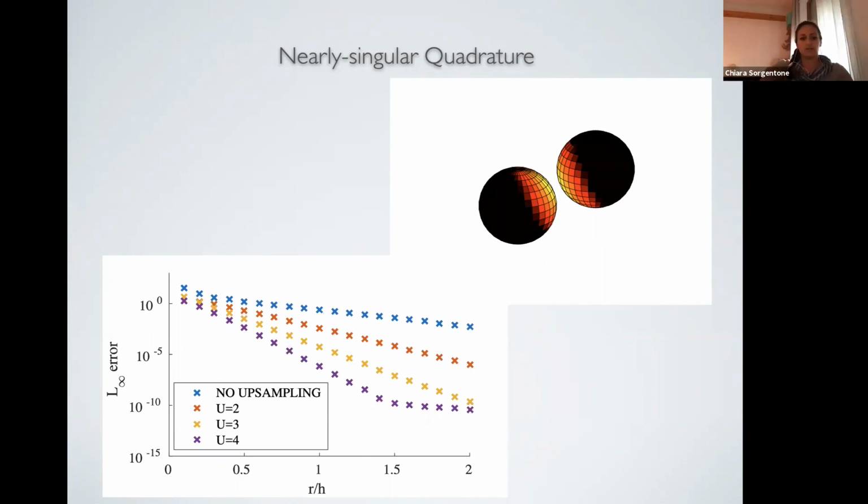But anyway, you can see the error versus the rescaled distance, rescaled with h, where h is the grid size. So you can see that if we increase the number of points, yes, the error is going down, but only up to some distance. So if the drops are very, very close, there is no upsampling that will work well enough. So we need to do something else.